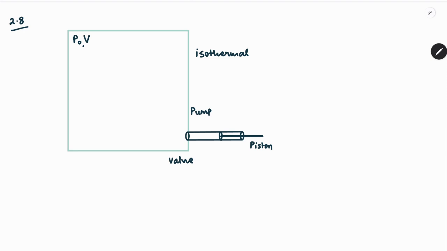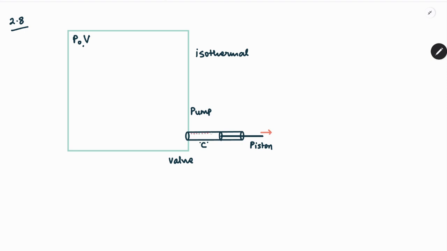So over here the question is suggesting the process is assumed to be isothermal and the evacuation rate is equal to C. So we can say that initially the volume is V, and in a time T or 1 second this C increase in the volume, which is the rate of evacuation. We are considering C into dt as the increase in the volume as the piston slides towards the right.